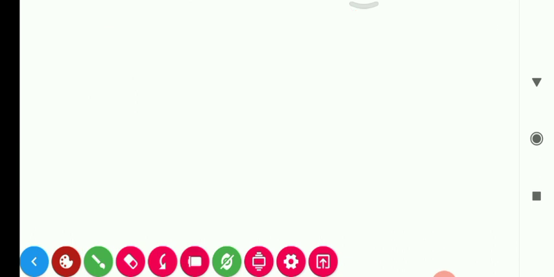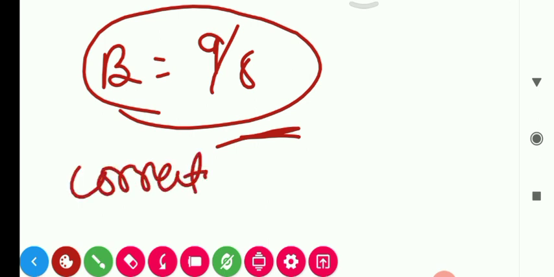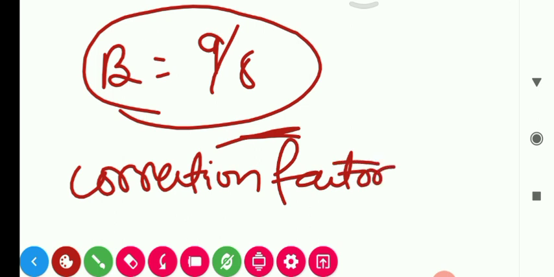Solving this, beta comes out to be 9 by 8. So this was the question based on the correction factors alpha and beta.